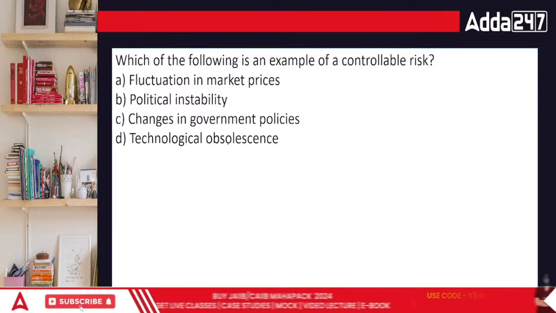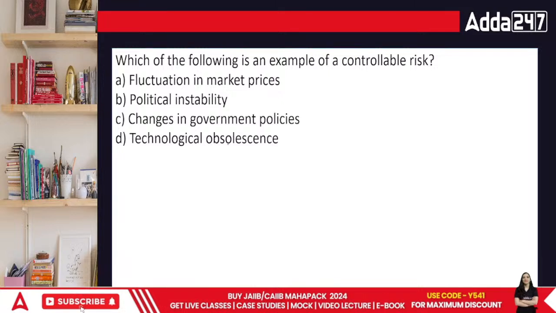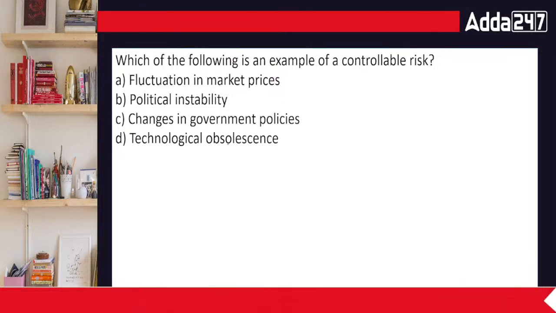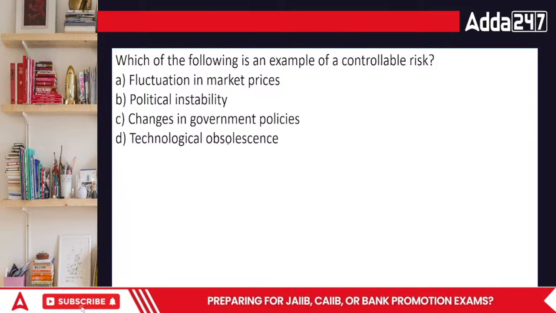Fluctuation in the market price is not in our hands. Political instability, can we control who's going to be the prime minister? An individual cannot, है ना? Multiple people can, but we alone cannot.